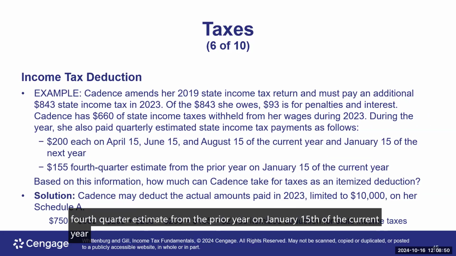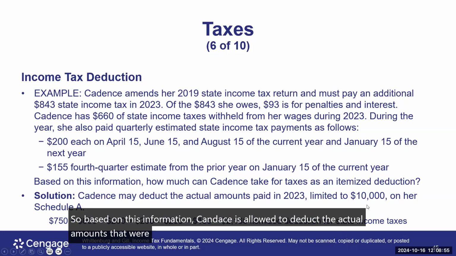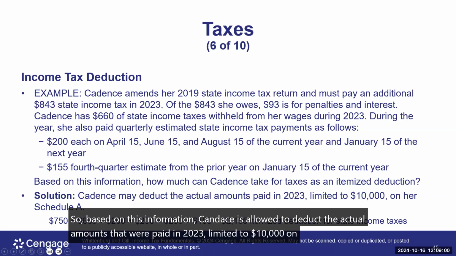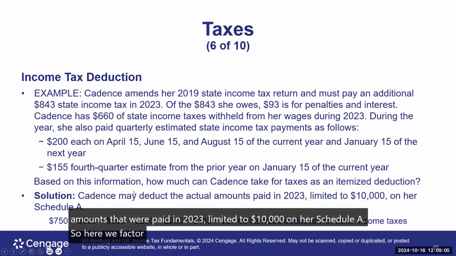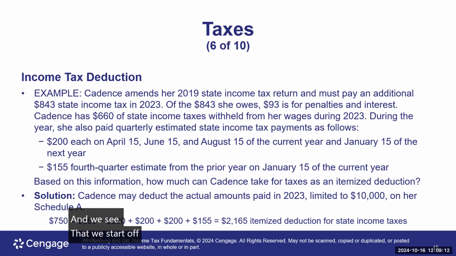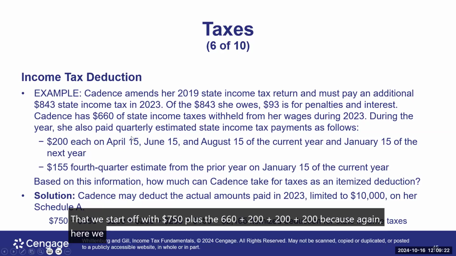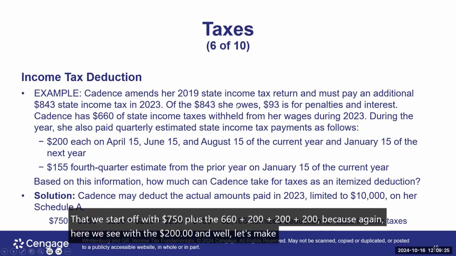Based on this information, Cadence is allowed to deduct the actual amounts that were paid in 2023, limited to $10,000 on her Schedule A. So here we factor in all of this information, and we see that we start off with $750 plus the $660 plus 200 plus 200 plus 200. Let's make sure: how do we calculate 750?